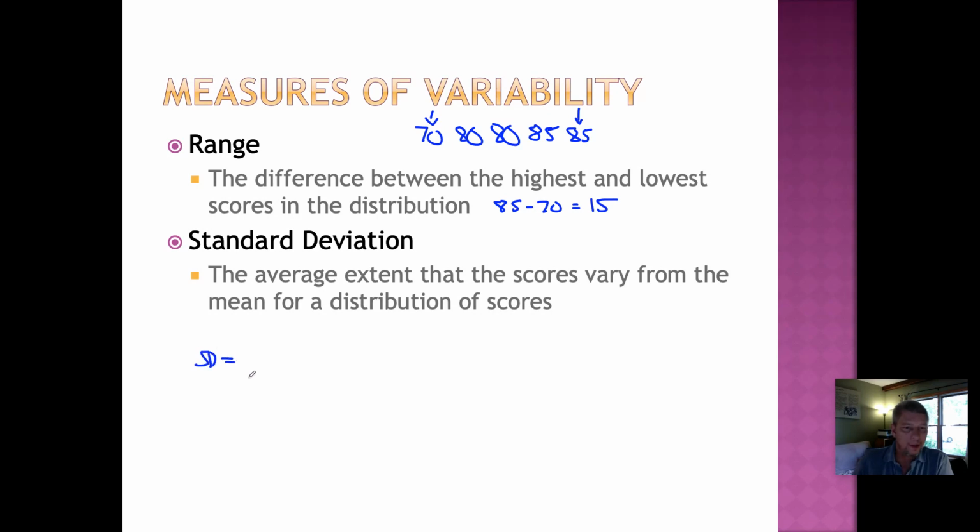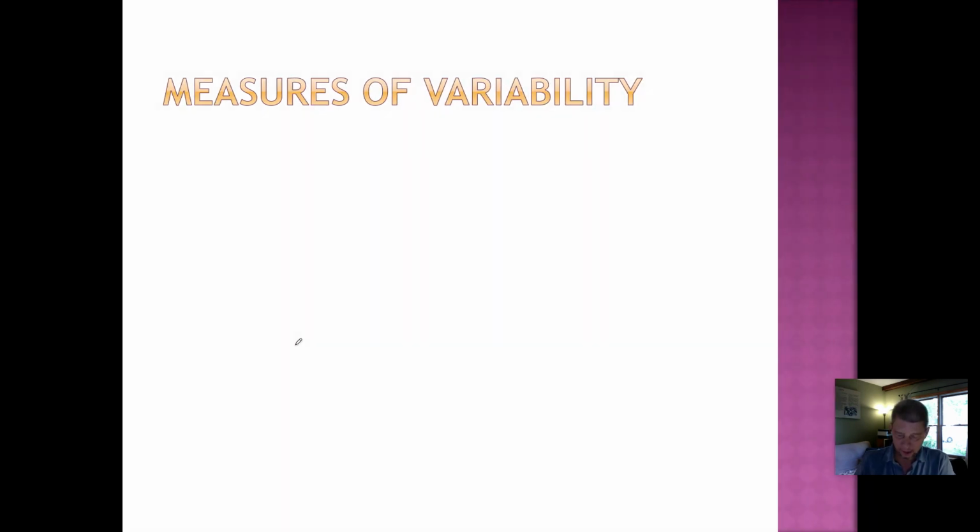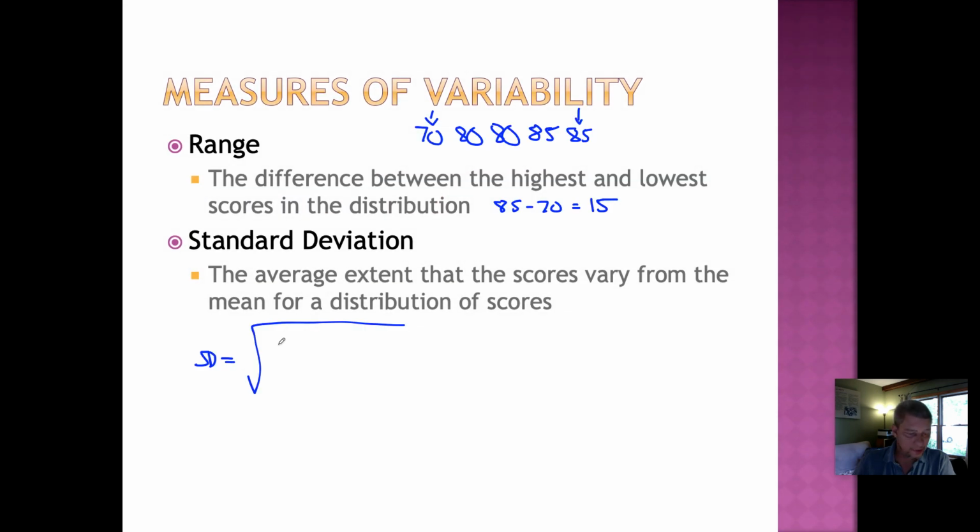SD is going to equal the square root of the sum of x squared minus the sum of x divided by n, which is the number of scores, quantity squared, all divided by n minus 1. This is an ugly formula, so don't be frightened. That is the way that we calculate the value of the standard deviation.